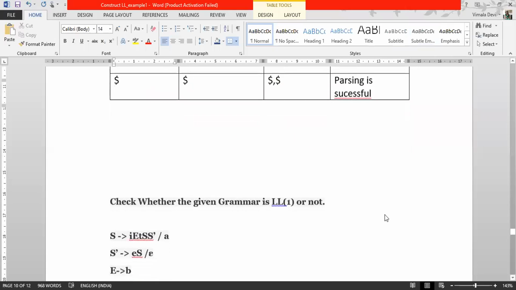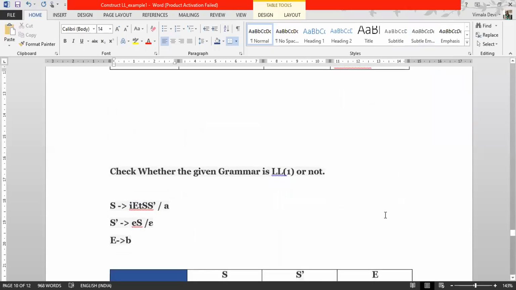Okay, now take down this question. Check whether the given grammar is LL1 or not.